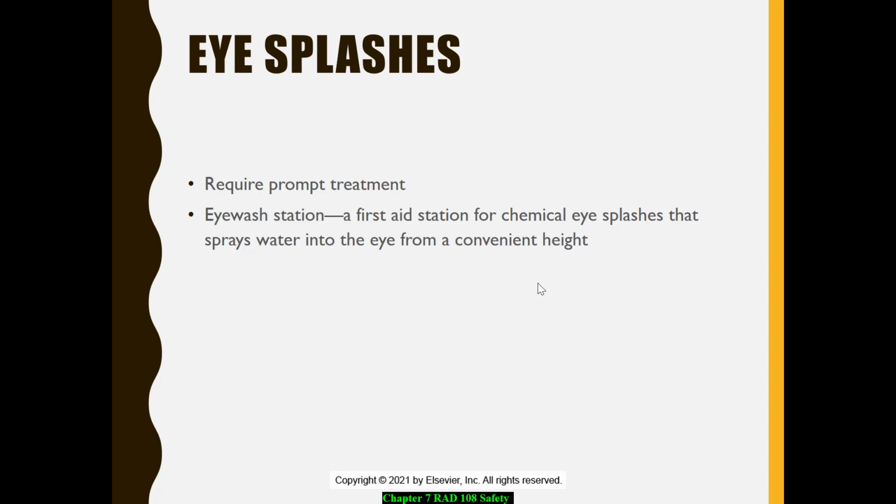So make sure that you're aware of where those eye splash stations are in your department, even if it's blood or bodily fluid that gets splashed up into your eyes. You want to be aware of where you can find some place to wash that out of your eye.